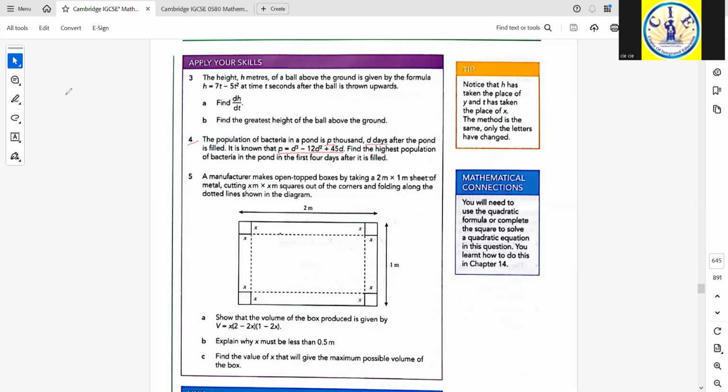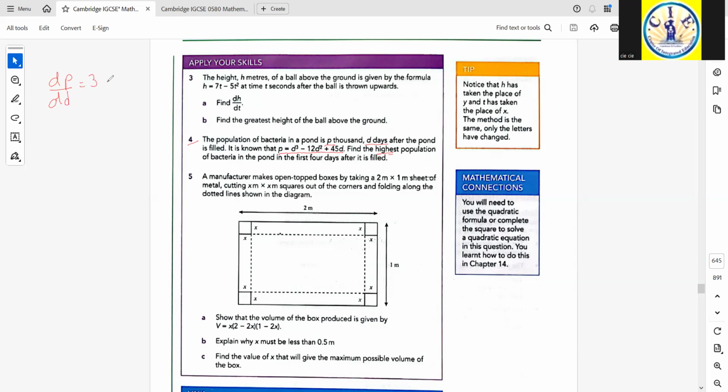So for that, since we need to find the highest population of bacteria, we do its differentiation, the derivative with respect to d.